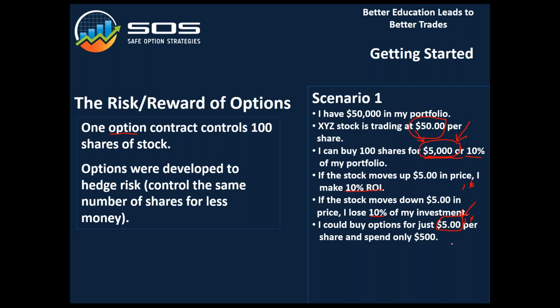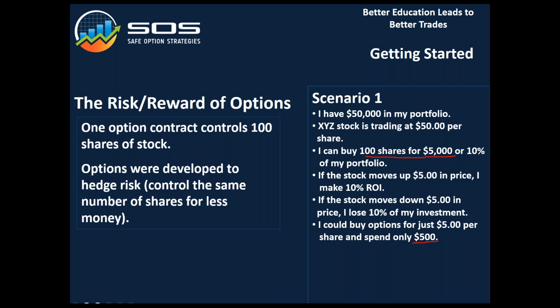This is a contract that would give me the right to buy these 100 shares. But instead of spending $5,000, I would only have to spend $500. So one option contract, remember, controls 100 shares of stock. So these are the two different ways I can control 100 shares of stock. I can buy 100 shares for a $5,000 investment, or I can control 100 shares for a $500 investment.